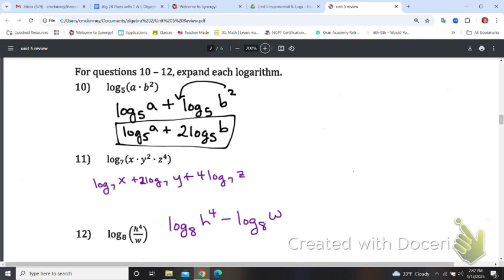And then whether you do it in a separate step or maybe you just move the 4 to the front, but this is what your final answer should look like. Okay, so those were expanding. We made things bigger. Each variable had its own log.